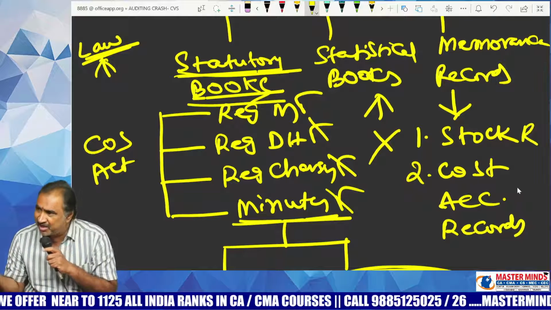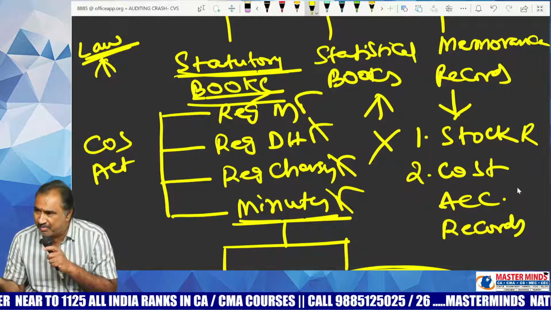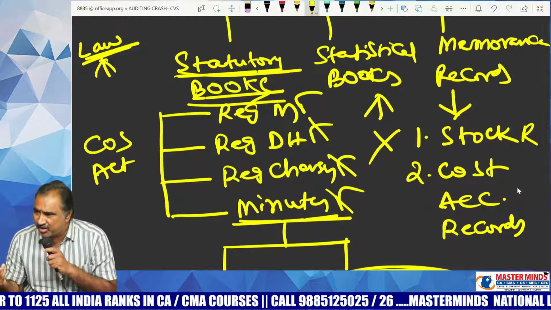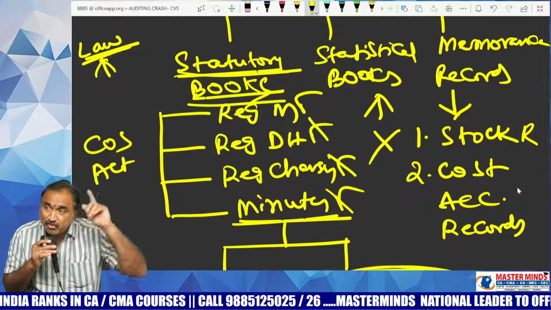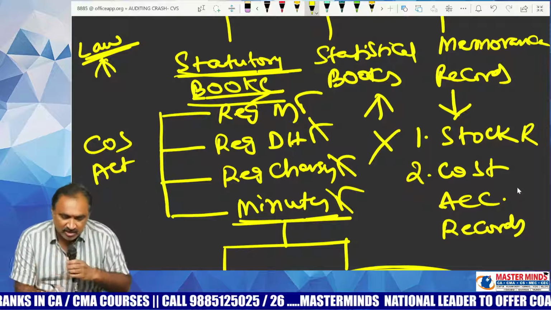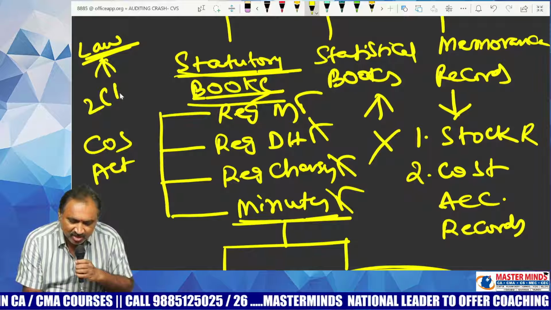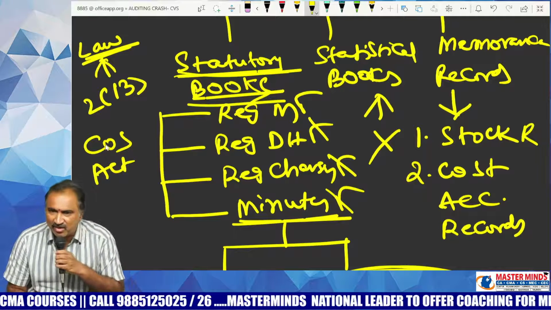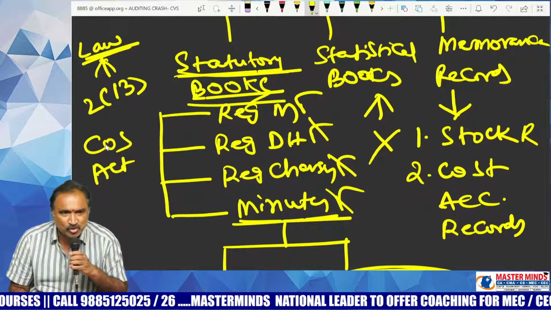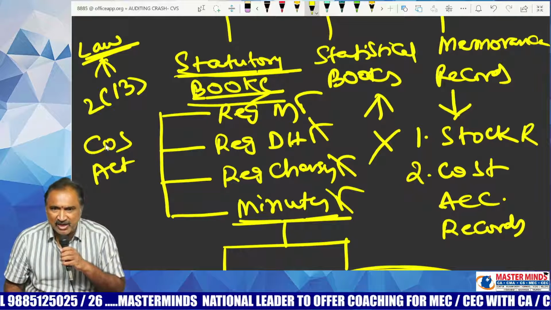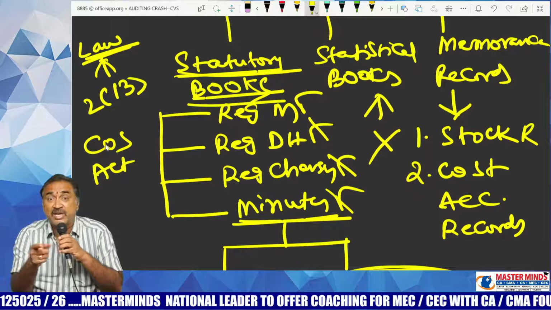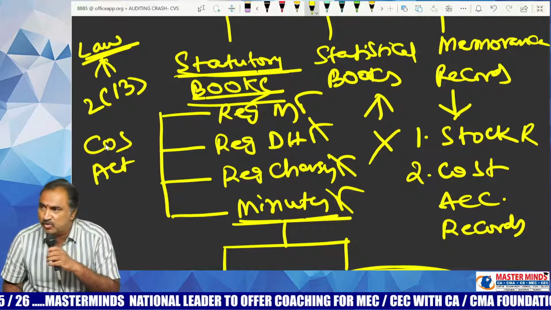Therefore, when an entity under your audit, including a company, is maintaining a stock register, being an auditor, you not only have a right to verify books of account as mentioned under section 2 subsection 13 of the Companies Act. What were the books mentioned under section 2 subsection 13 of the Companies Act? In the previous session, I explained the definition of books of account as given under Companies Act 2013.